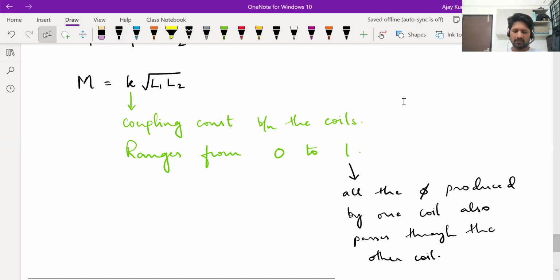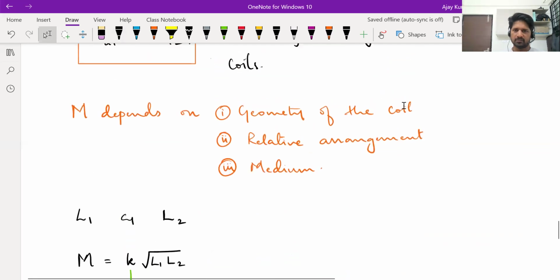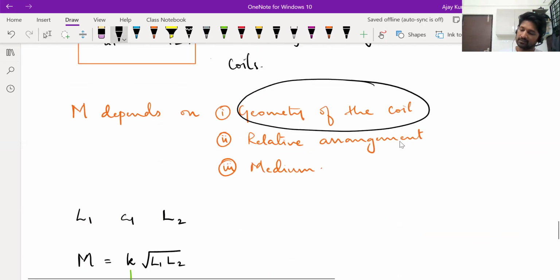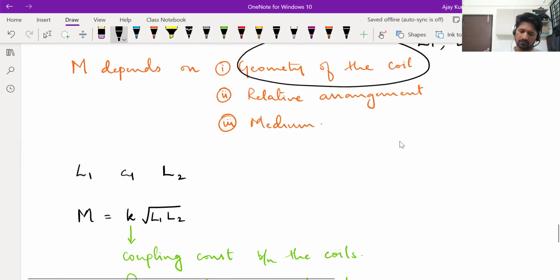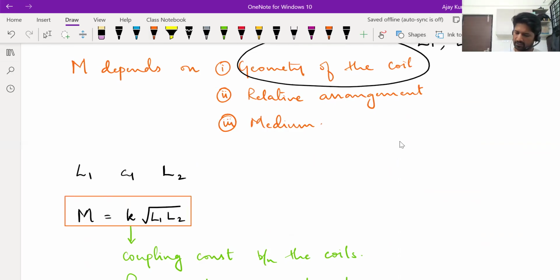So remember, mutual inductance M depends first of all on the geometry of the individual coils. That means it depends on the inductance of the individual coils. And then it depends on the relative arrangement and the medium. So you can express the mutual inductance in terms of self-inductances. M is equal to K under root L1 L2, where K is called the coupling constant.